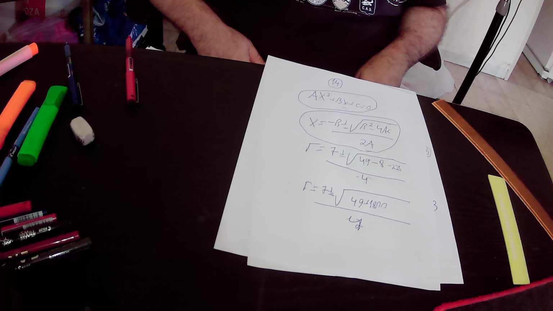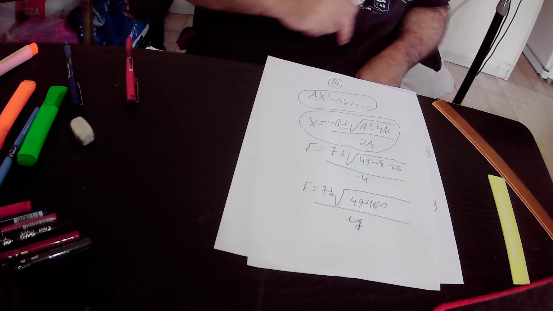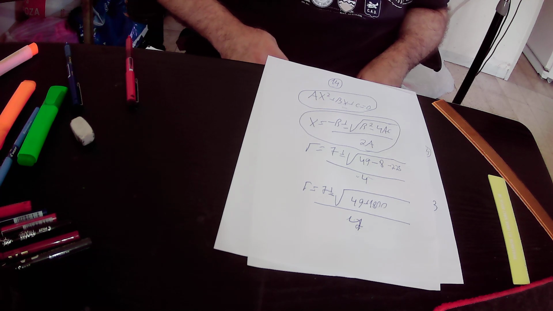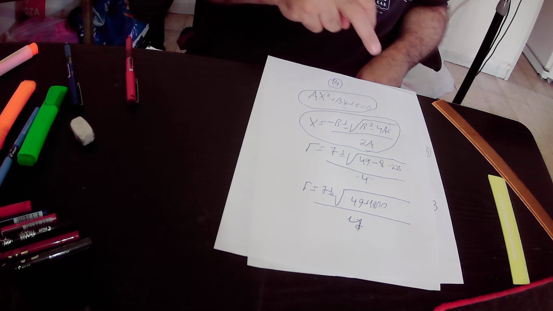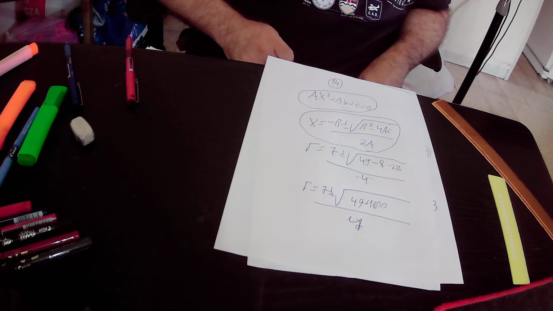We find the value of x according to a special formula: x equals minus b plus minus the root of b squared minus 4 times a times c, over 2a.